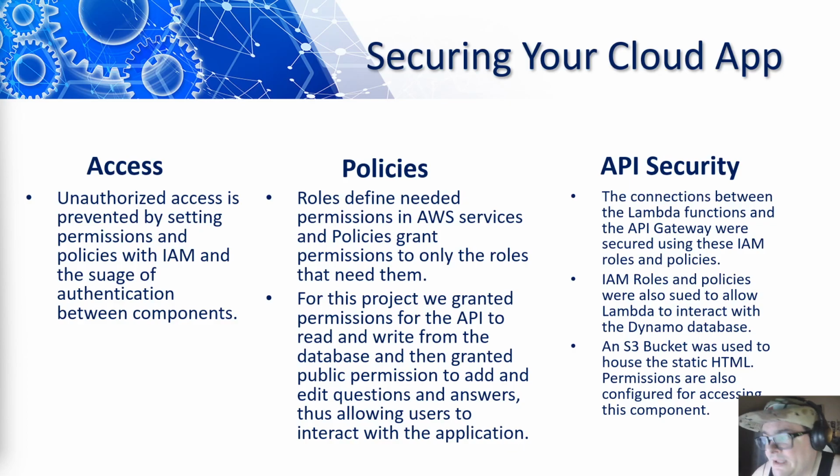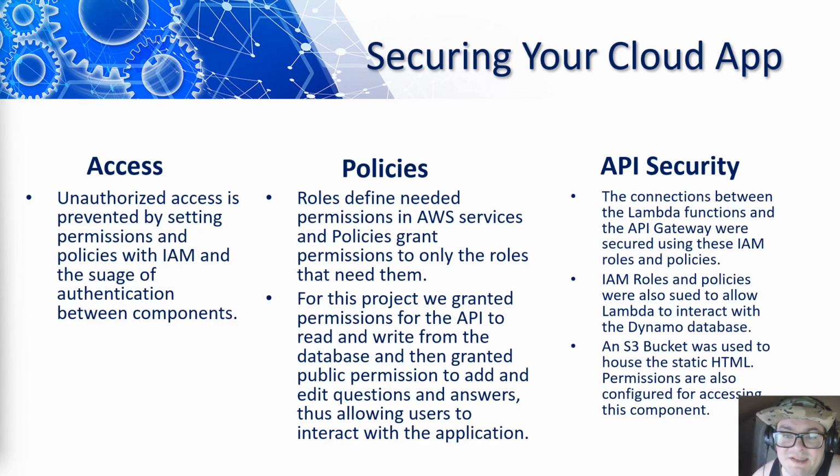So here, in terms of access, we can see that unauthorized access is prevented by setting permissions and policies with the IAM functions, and usage of authentication between components. That's pretty important, because it's not only checking as requests come into the application, but also in between the different components of the application.